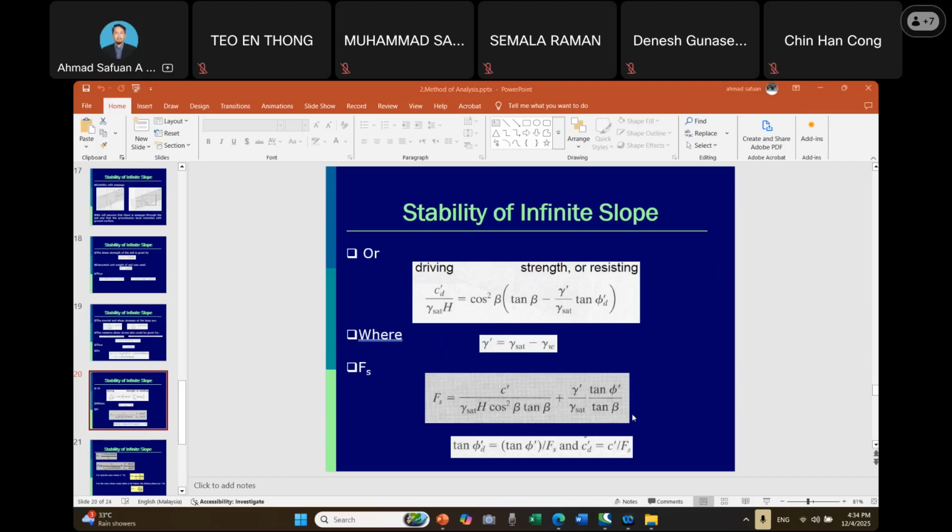So we try to check whether we obtain 1.66 or not. The factor of safety is C over gamma sat H cos square beta tangent beta, plus effective unit weight over saturated unit weight times tangent phi over tangent beta.